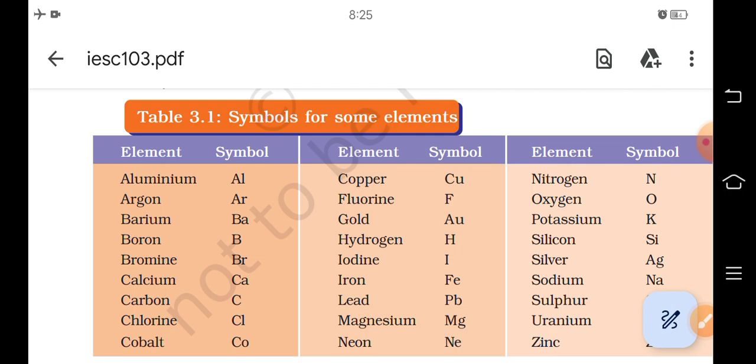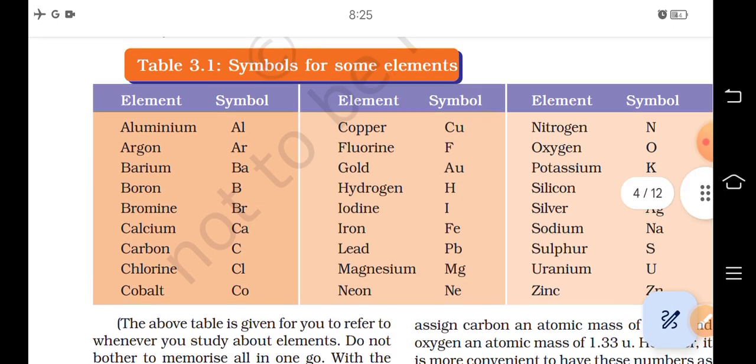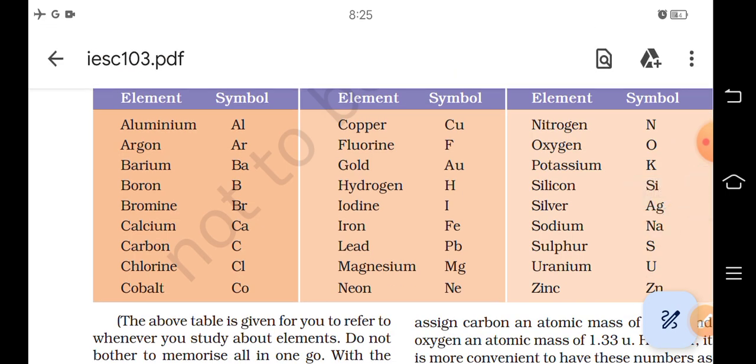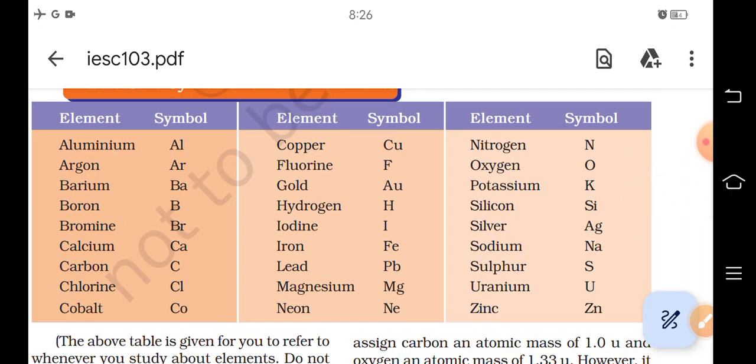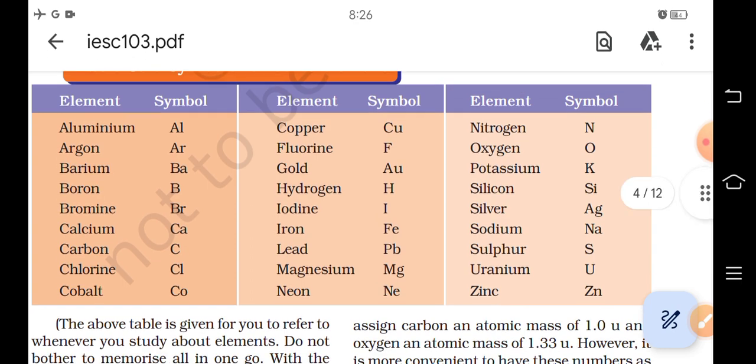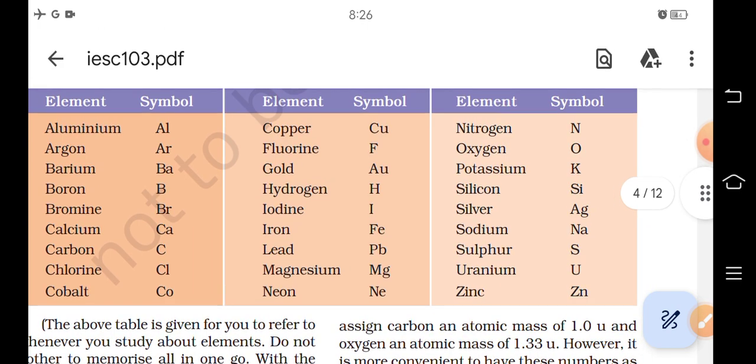Aluminium Al, Argon Ar, Barium Ba, Boron B, Bromine Br, Calcium Ca, Carbon C, Chlorine Cl, Cobalt Co, copper Cu, fluorine F, gold Au, hydrogen H, iodine I, iron Fe, lead Pb, magnesium Mg, neon Ne, nitrogen N, oxygen O, potassium K, silicon Si, silver Ag, sodium Na, sulfur S, uranium U, zinc Zn.